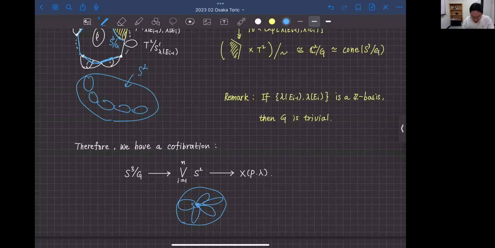The product structure coming from this cofibration structure is the Whitehead product of the corresponding two spheres. So the cup product is not coming from a geometric intersection of some two spheres.